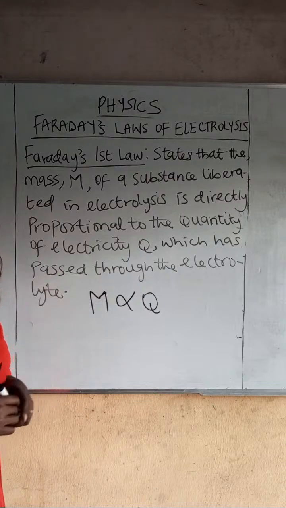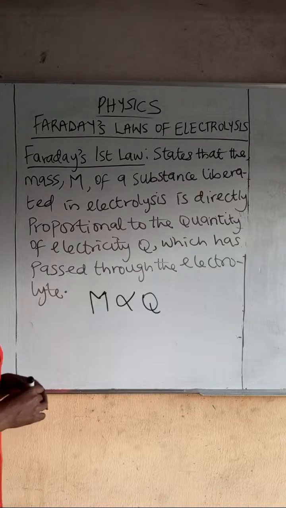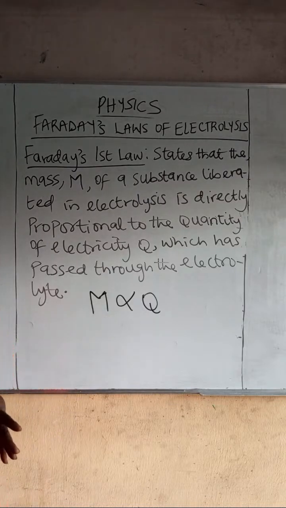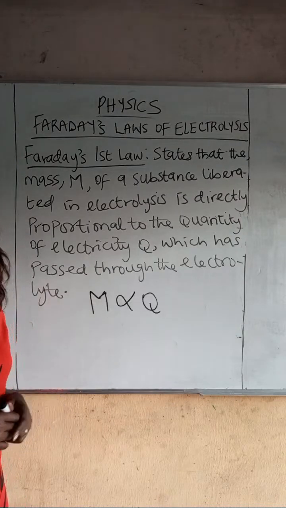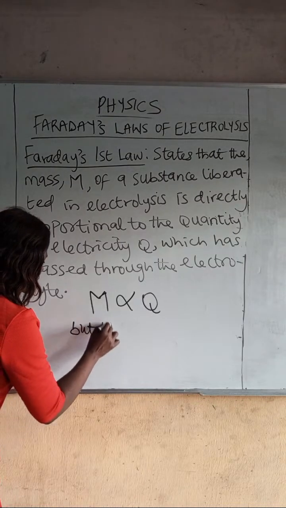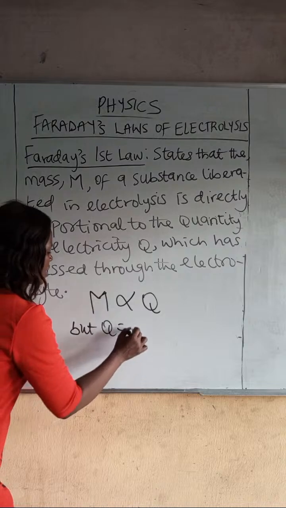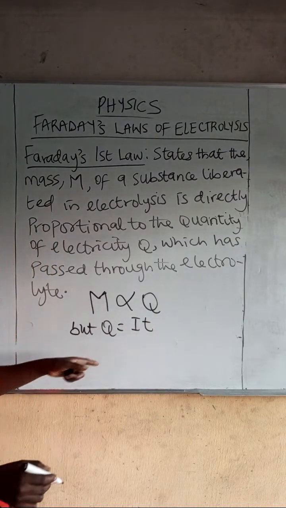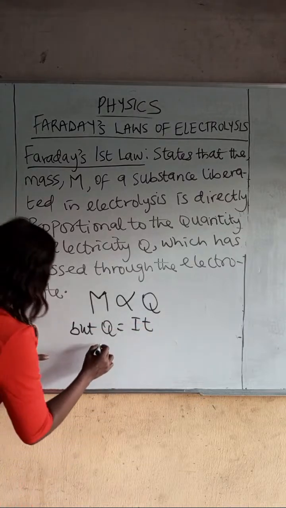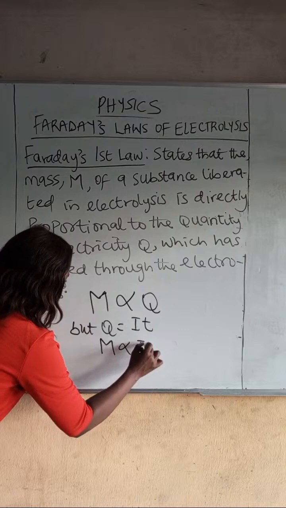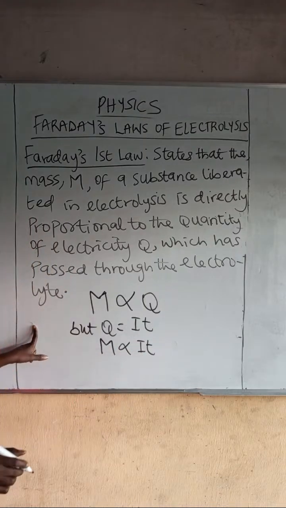Now, if I want to explain it further, remember, in any proportionality sign, you have to remove the proportionality sign and introduce a constant. Okay? But what is Q? Quantity of charge. We all know that quantity of charge is current times time. So if I replace it here, I have M is proportional to current times time.